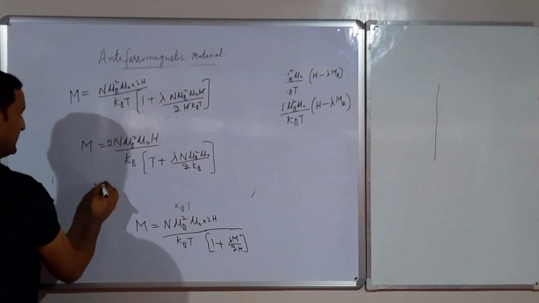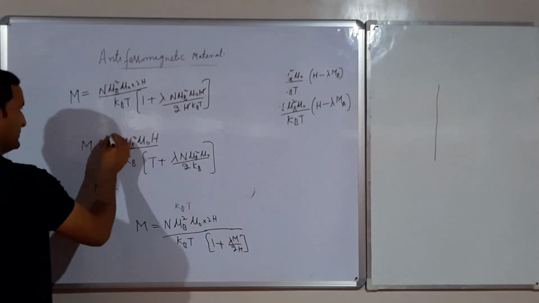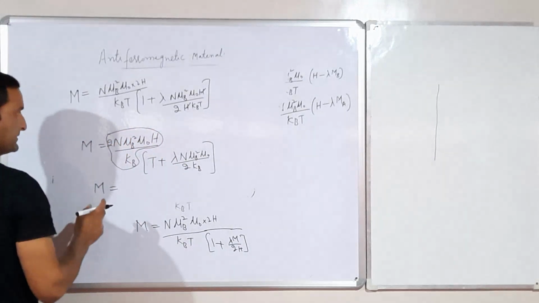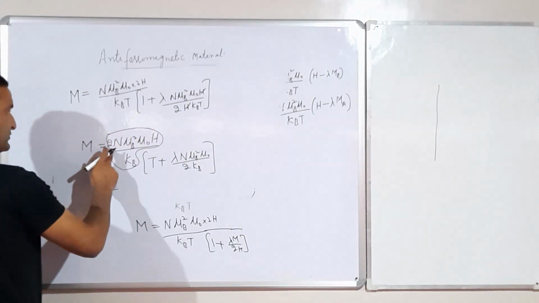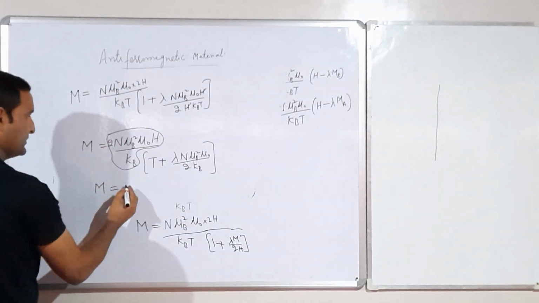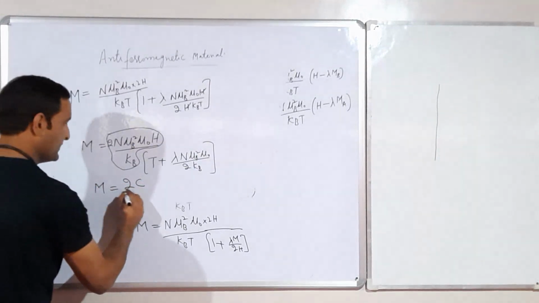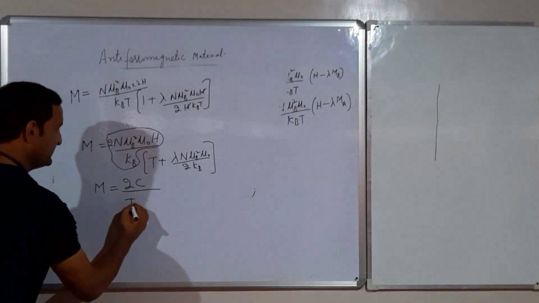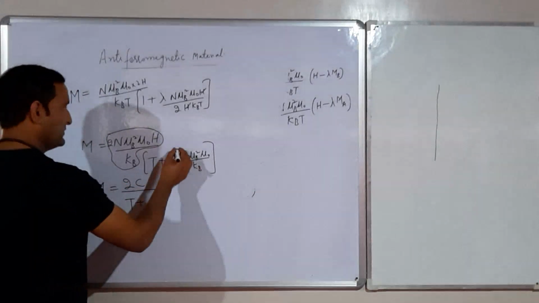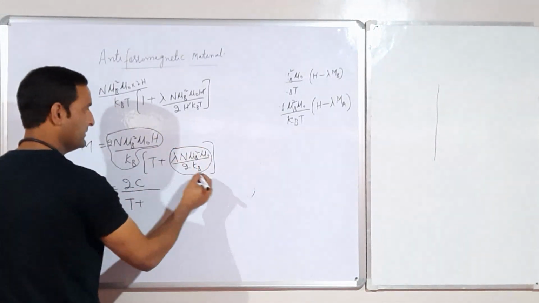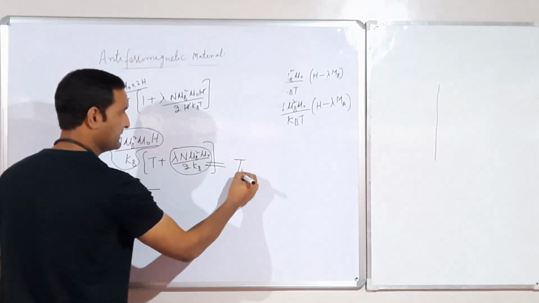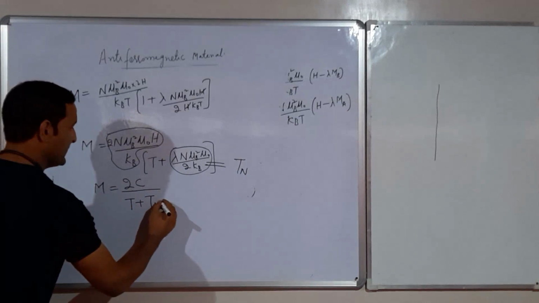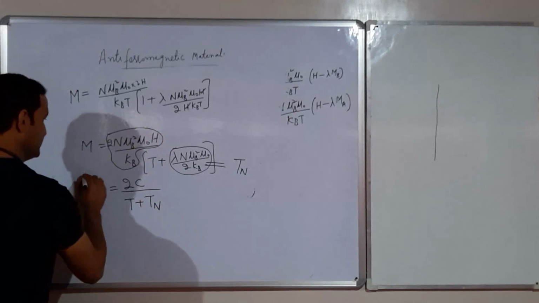So this is equal to a single constant, that is called the Curie constant. So it is 2 times the Curie constant. So we can write twice C upon T plus, so this is all equal to the Néel temperature. These are dimensions of temperature and can be written as Tn, that is the Néel temperature.